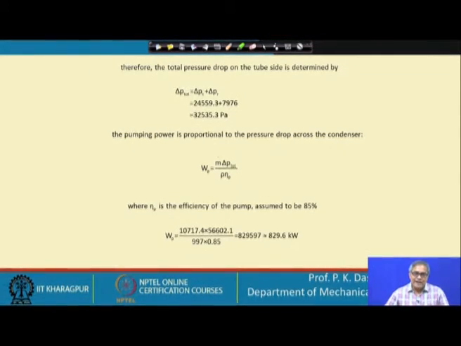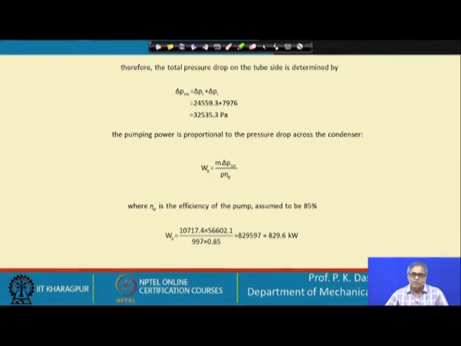So, what did we get from this calculation? We got several things. We got the length of the tube, we got the shell diameter, so more or less the size of the heat exchanger is known. Then we have got the number of tubes, that is also very important, how many tubes are there.